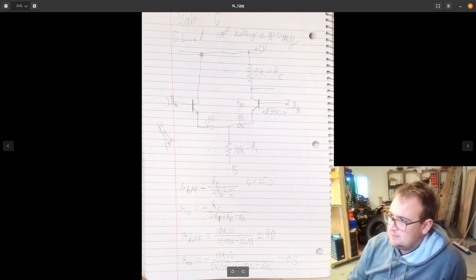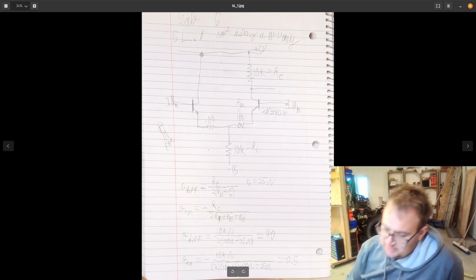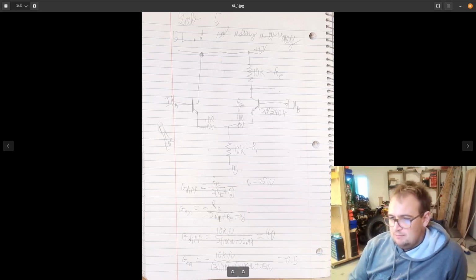Basically this is the collector resistor, 10 kilo ohms. Then I'm using two NPN transistors, two 2N3904s, instead of the 3096 array that they recommended, because I didn't have it.